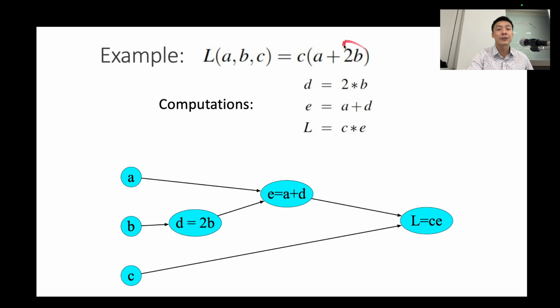So you have to compute this first. Once you compute this, then you compute a plus d. So inside the brackets first, right? That's what we learned from grade school. And so to compute this, you need to look at the dependencies in the computation graph, and then you solve each thing before you can get here. So to compute this, you need to compute this first.